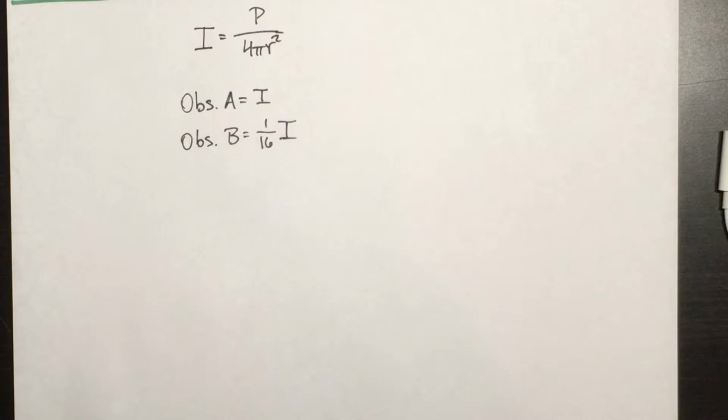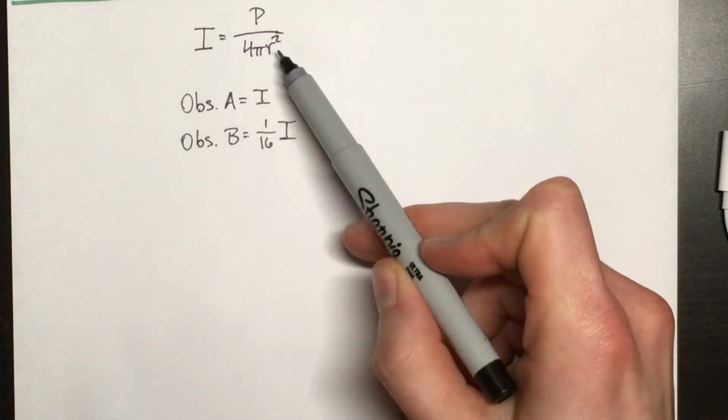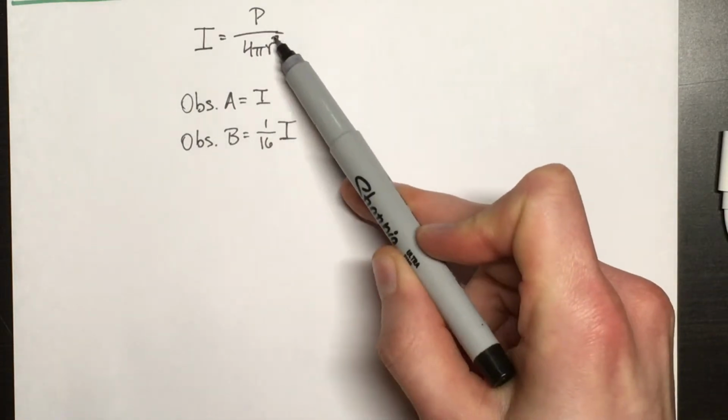Then we're asked, the distance of observer A from the radio antenna is what fraction of the distance of observer B from the radio antenna? So again, let's remember that our distance from the radio antenna is represented by a variable r.